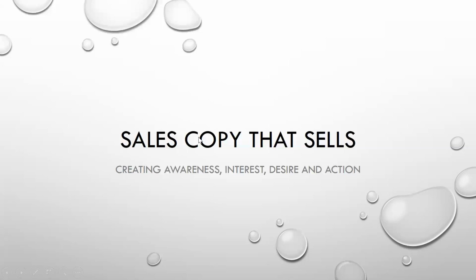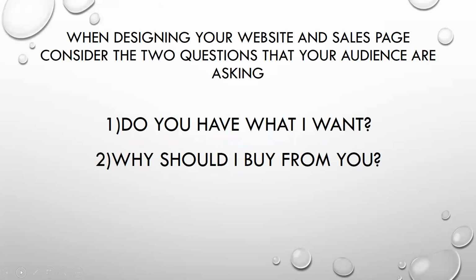Okay, so I'm going to share with you the phases of the buying cycle and how you can create copy that appeals to people at each of those phases. Just before I do that, when designing your website and sales page, consider these two questions at all times.